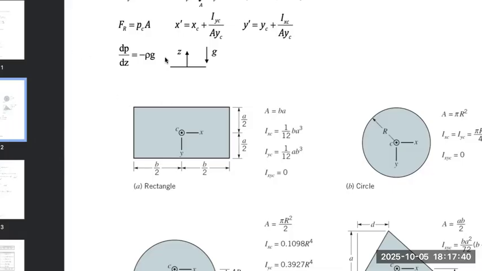Conveniently, they even give you some values. As you see, IYC is equal to this, and IXC is equal to 1 over 12 BA to the power of 3. So we're going to use IXC over here.